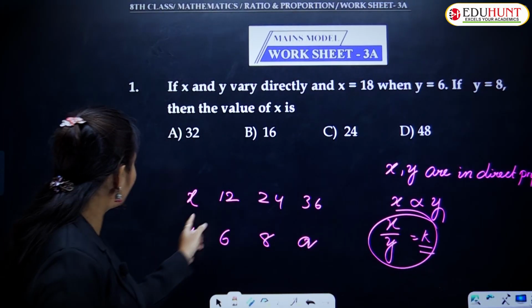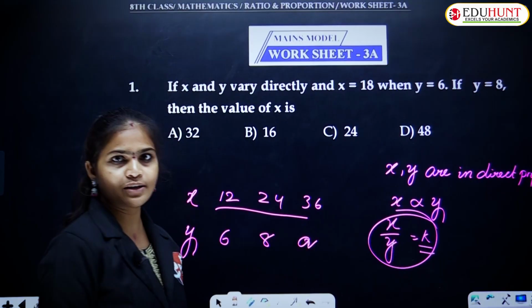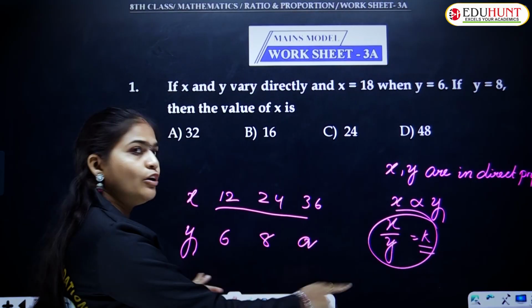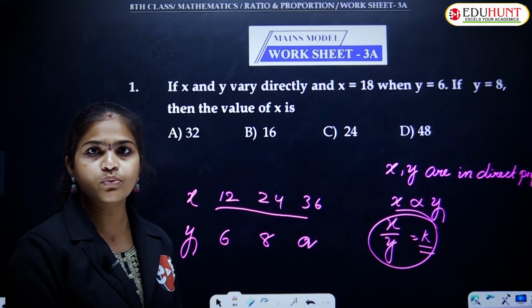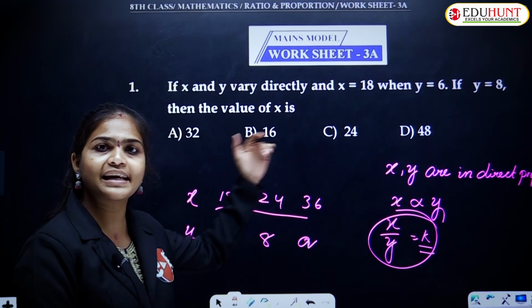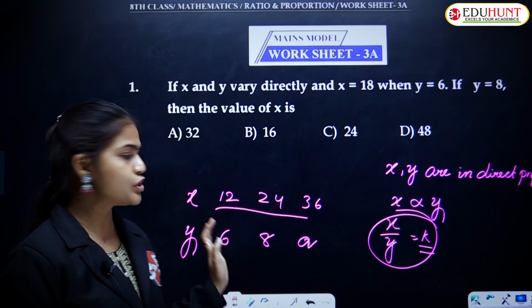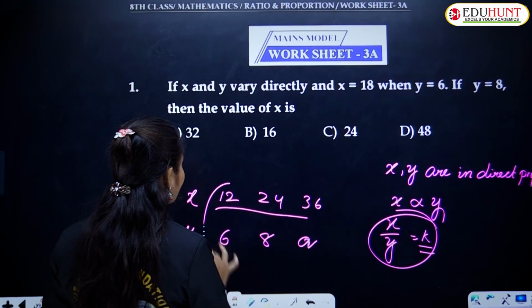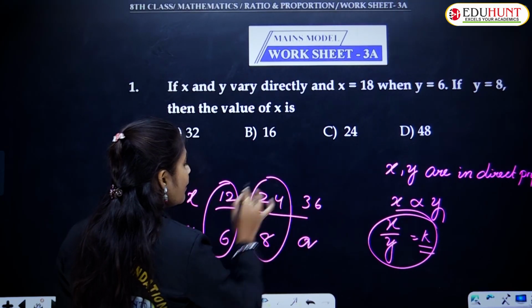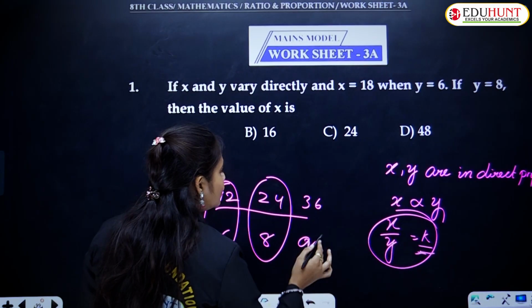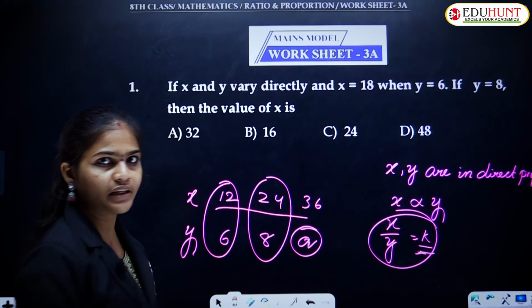So children, observe that the x value is in increasing order, so the y value should also be in increasing order, because those two are in direct proportion. That's why the ratio is constant, and directly you can find the value of a.